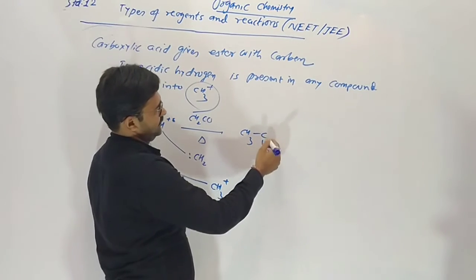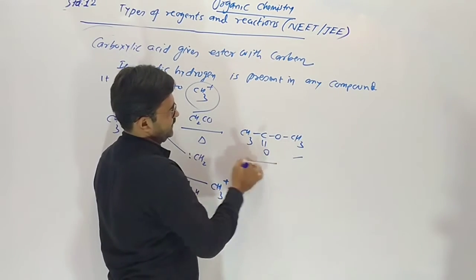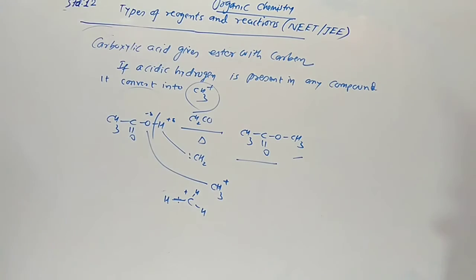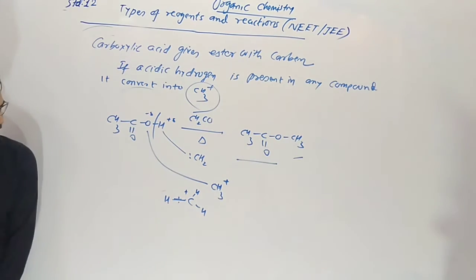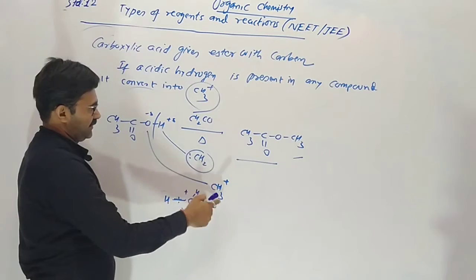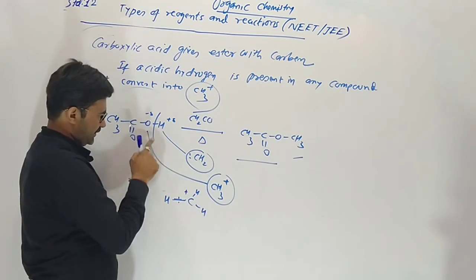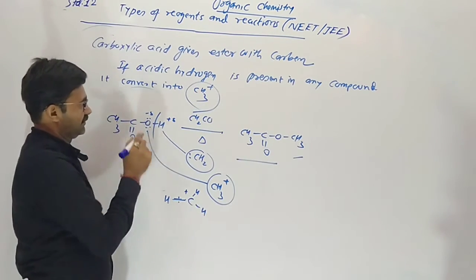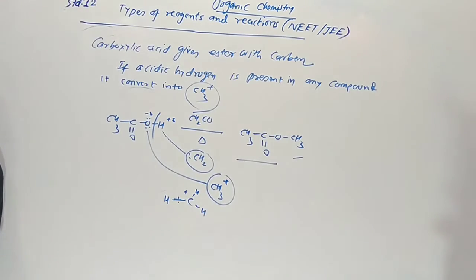CH3 plus now attacks here. So you can see our carboxylic acid is converted into ester, methyl ethanoate. CH3 plus attacks on oxygen and gives an ester.